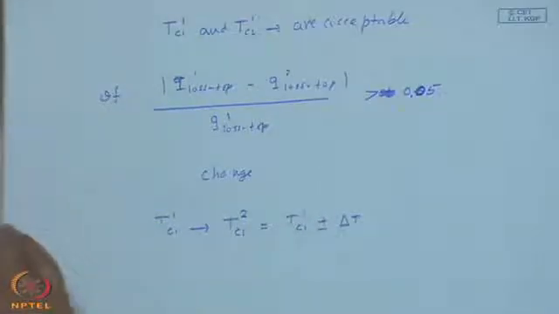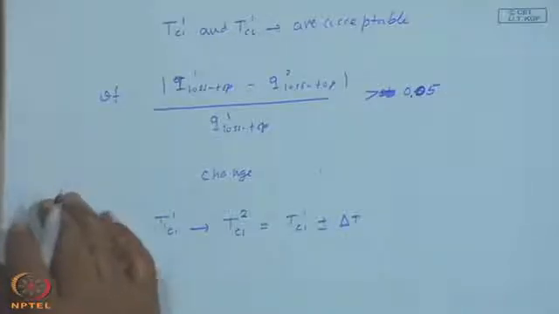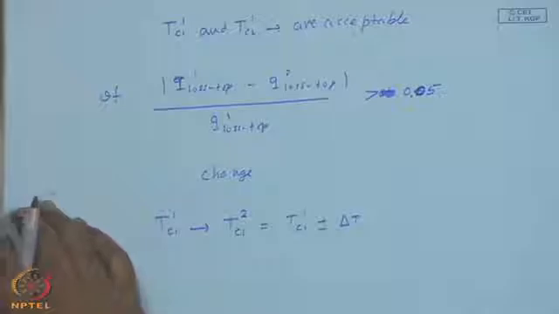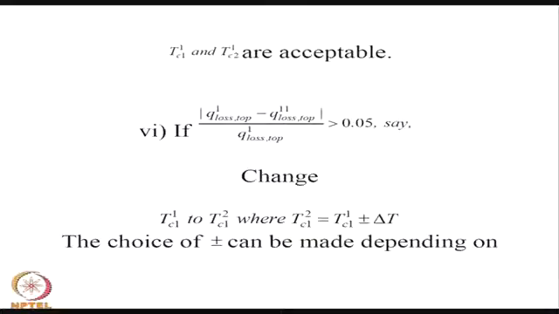So, I change the initial guess by an amount of delta t, and one can physically argue if Q loss top is higher than Q loss 1, whether T c 1 should be increased or decreased. So, that physical check one can do and go in the right direction.